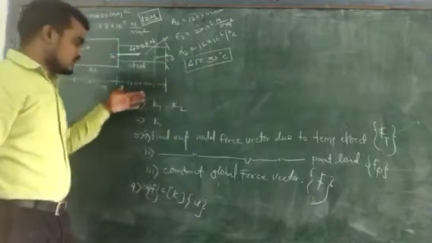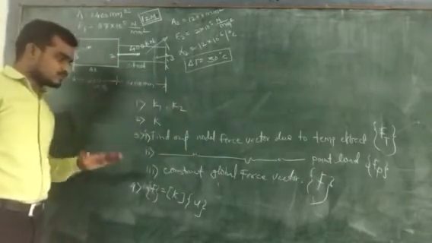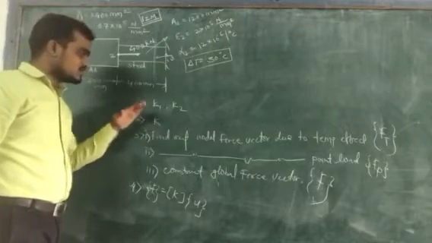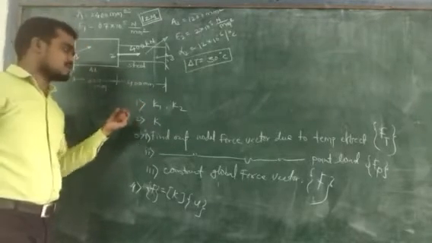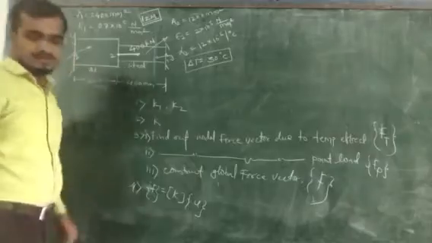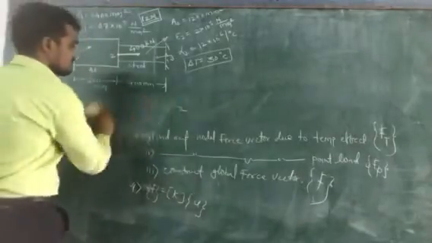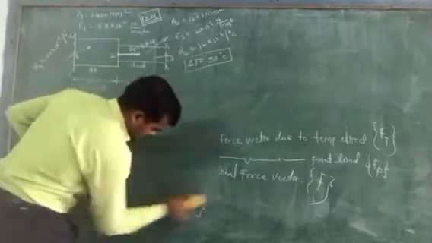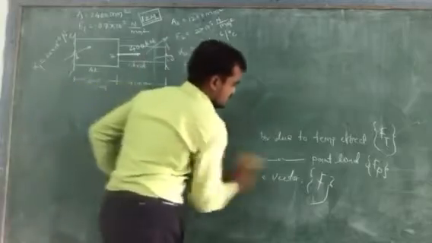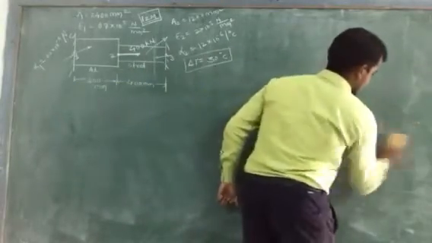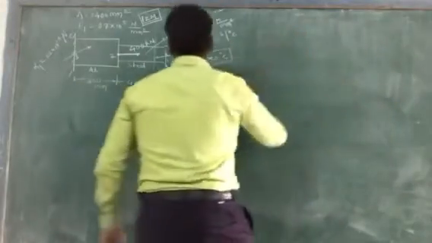So in this way we need to proceed. The first step is to find the elemental stiffness matrices K1 and K2.